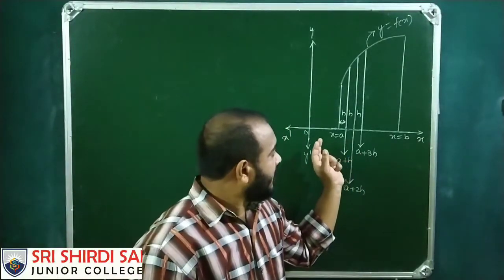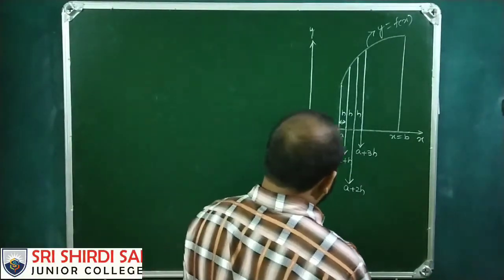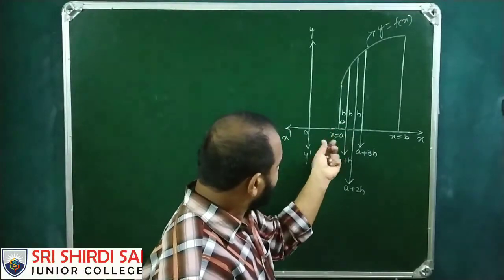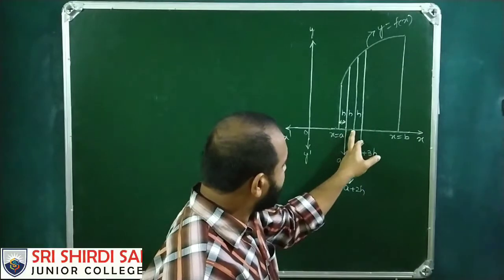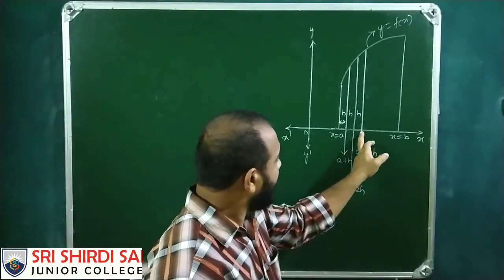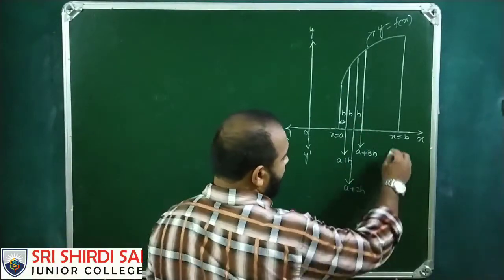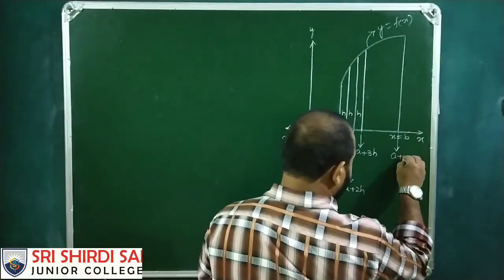Likewise, let us split the n rectangles. This is one rectangle between a and a plus h. Another rectangle is a plus h to a plus 2h. This is a plus 2h to a plus 3h. Since n rectangles are there, the last rectangle will end at a plus nh.